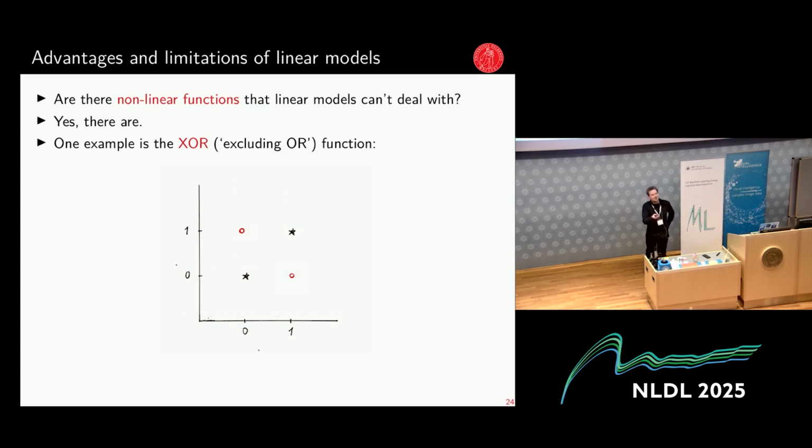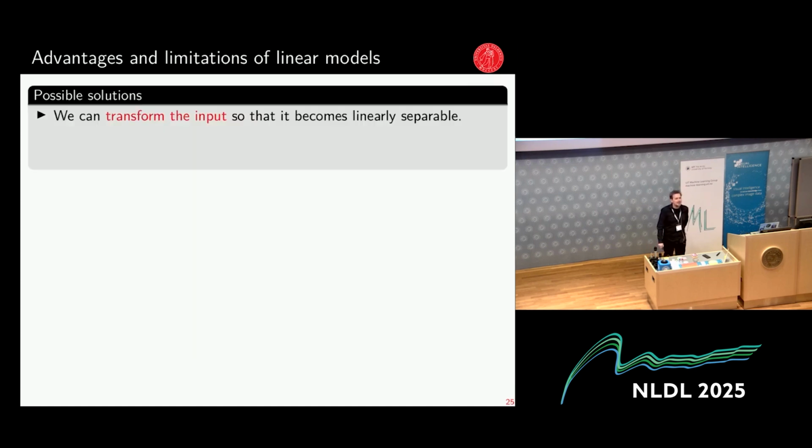However you try, you cannot design a linear decision boundary which will separate these two classes, right? No straight line can give you correct decisions on what points belong to the red circles class and what points belong to the black stars class. So this is an example of a dataset which is not linearly separable. You cannot use linear functions or linear classifiers to make predictions for this dataset.